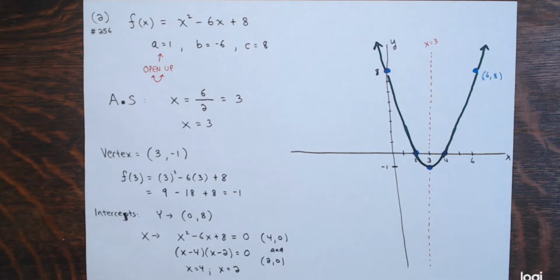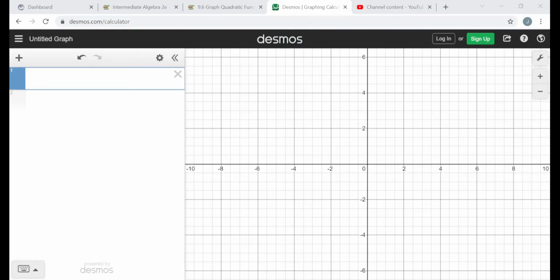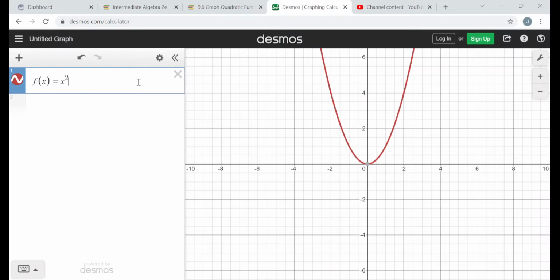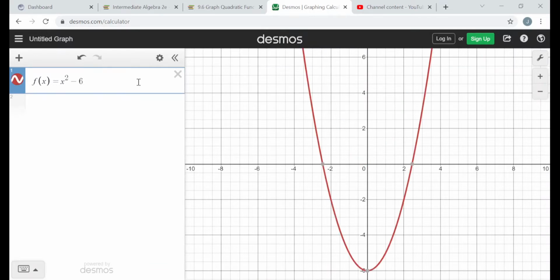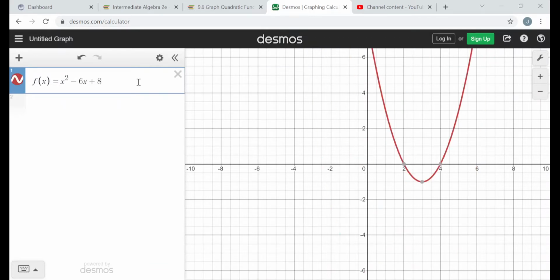Once again, I will pull this up and enter this function into the Desmos calculator. So we had f of x equals x squared minus 6x plus 8.